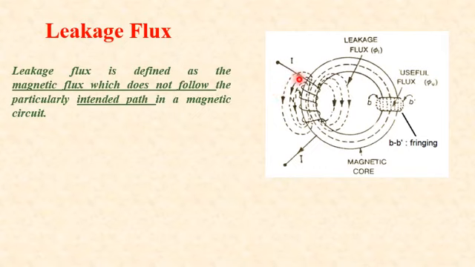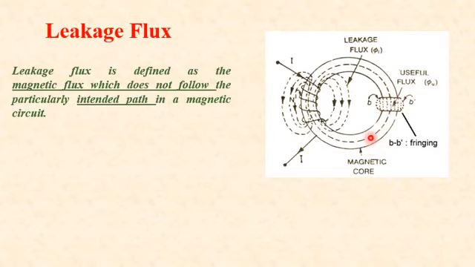When a current I passes through this coil, a flux will be set up around this coil. We expect all the flux created to follow the path through the core and finally reach the air gap.